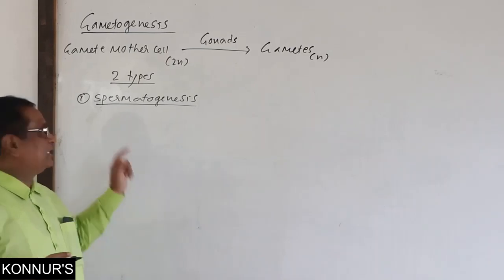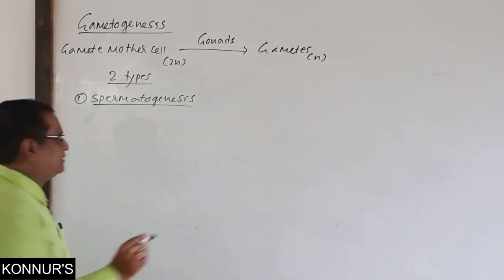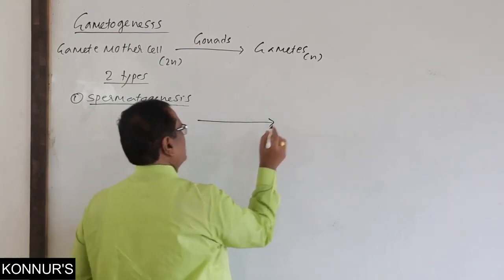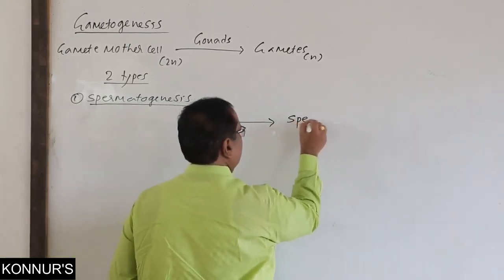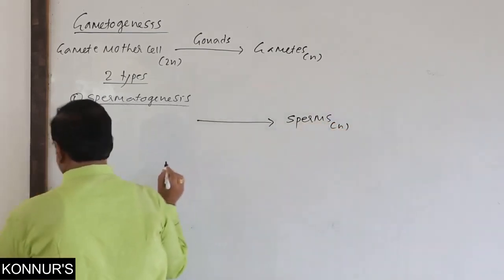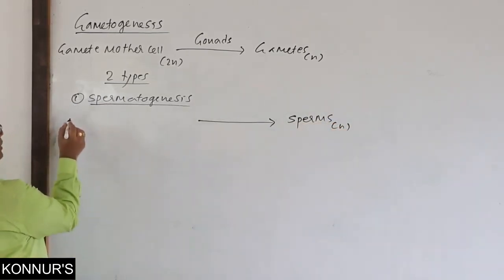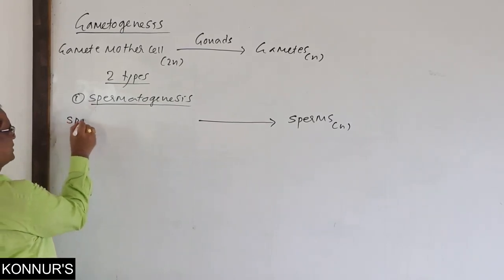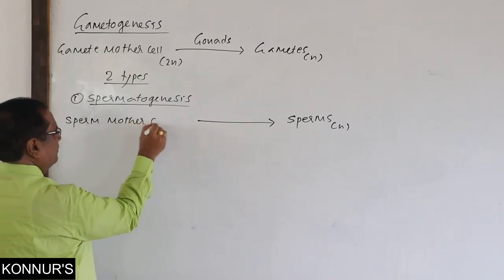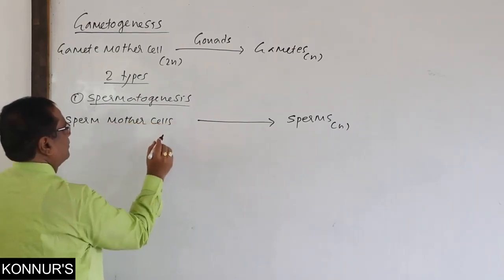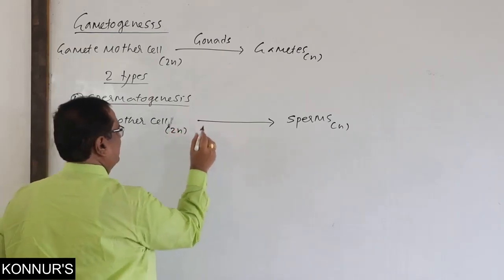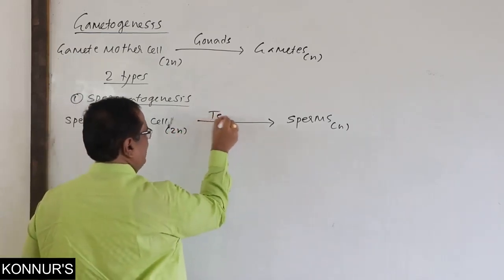Spermatogenesis is a type of gametogenesis where haploid sperms are formed from sperm mother cells, diploid sperm mother cells in testes.